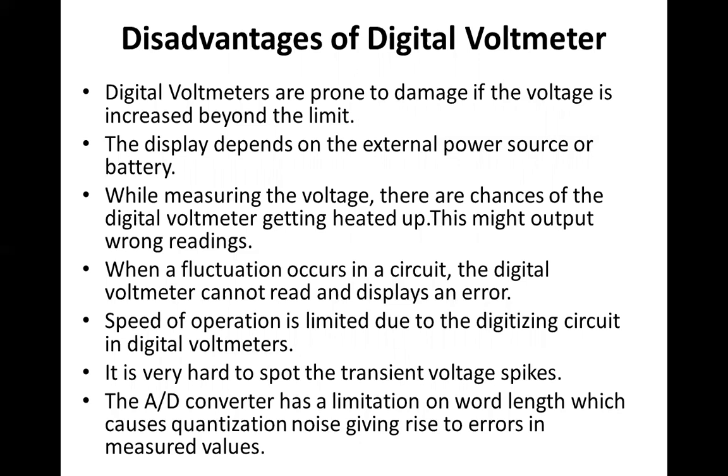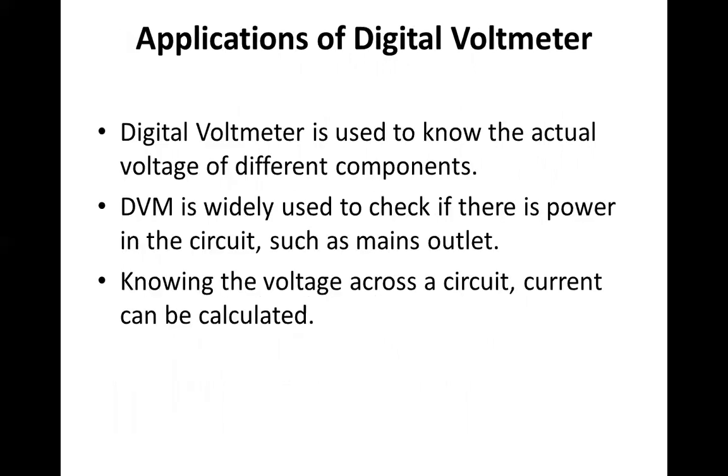When a fluctuation occurs in a circuit, the digital voltmeter cannot read and displays an error. Speed of operation is limited due to the digitizing circuit in digital voltmeters. It is very hard to spot transient voltage spikes. The analog to digital converter has a limitation on word length, which causes quantization noise, giving rise to errors in measured values.